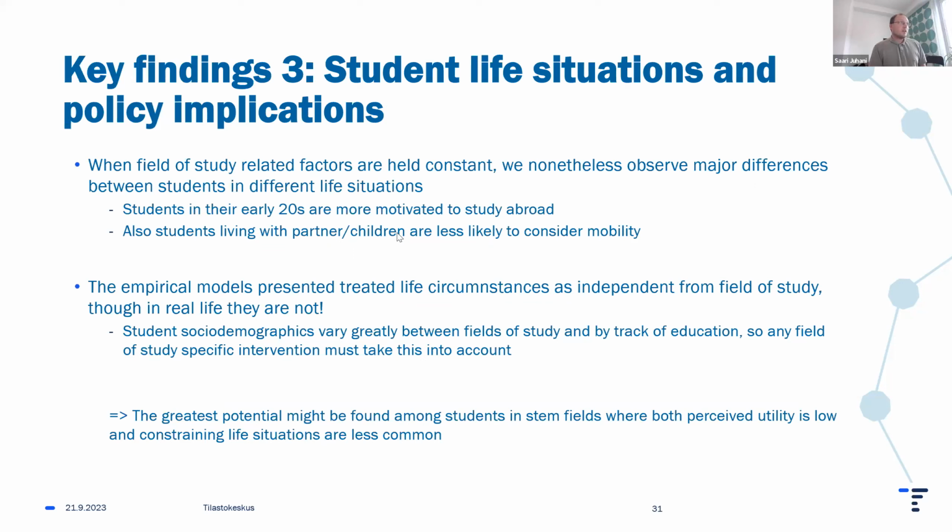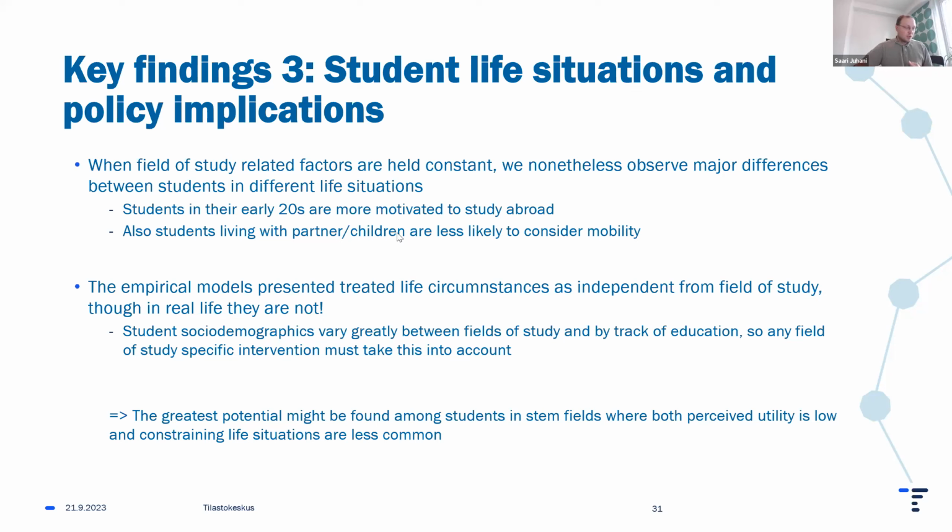And then the final key finding is that every single regression model that I presented took into account the fact that students within fields of study vary a lot in their socio-demographic composition and status. Even when we held all these factors constant, we were able to observe interesting variation between fields of study. Nonetheless, the key socio-demographic predictors like family status and age persisted across all the models that we looked into.